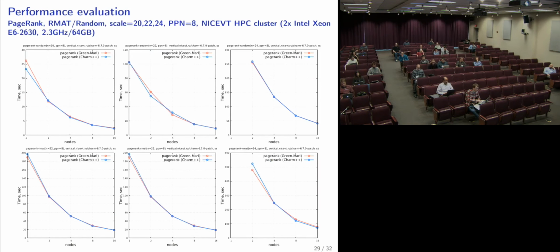For PageRank, both the reference implementation and generated code had almost the same algorithms, and so the performance difference was very small.